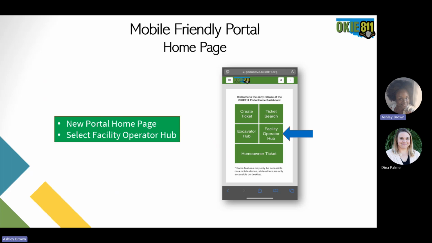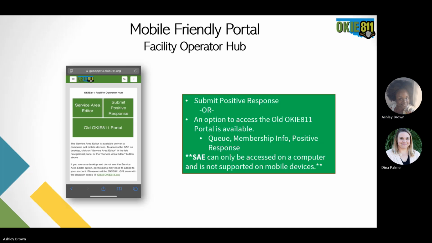To access the member features from the new portal homepage, you'll select Facility Operator Hub. Once you select Facility Operator Hub, you're going to have the option to access the old Oki 811 portal if need be. Maybe if you're trying to access the queue, reports, or membership info, but remember that those features are best experienced on a desktop version of the portal.